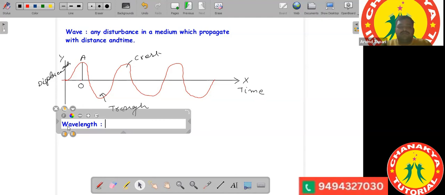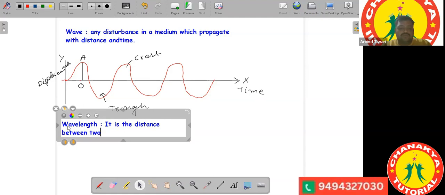Wavelength, it is the distance between two consecutive crests or two consecutive troughs.